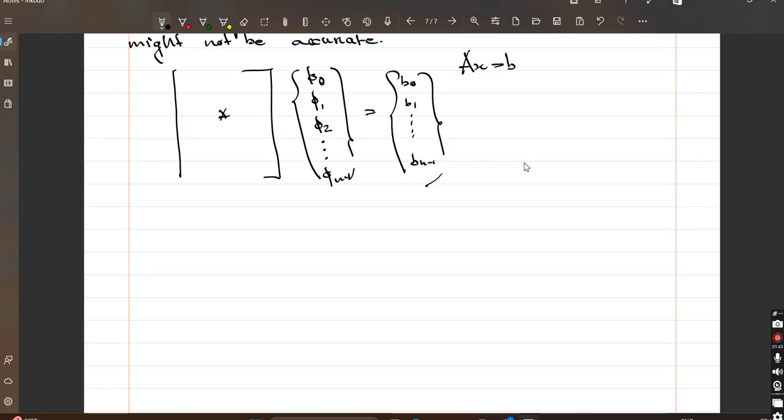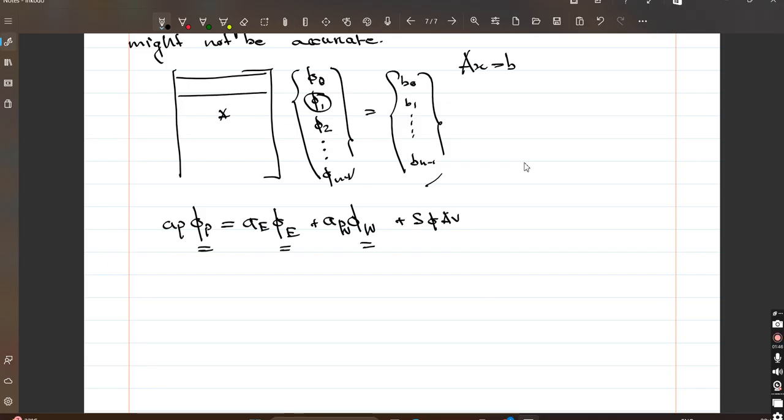And with the linear approximation, what we saw is that for every point in the computational domain, we arrive at a form like this. Right? So we see that phi P only depends on phi E and phi W. For example, if we take the term phi 1, this will correspond to the second row.